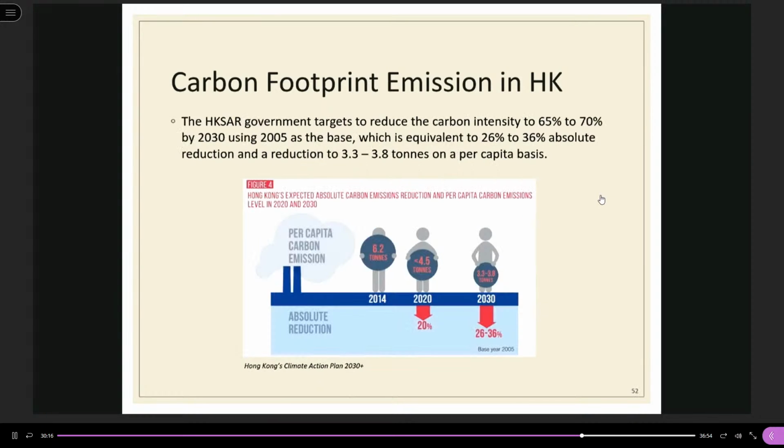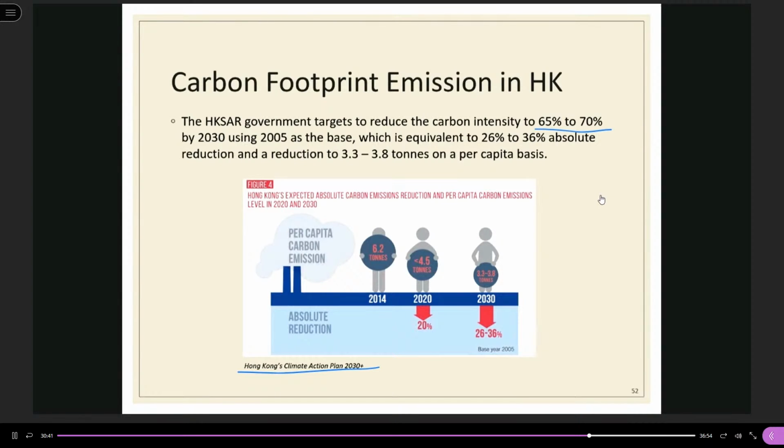The Hong Kong government targets to reduce the carbon intensity by 60% to 70% by the year 2030, using 2005 as the base. This target refers to the publication Hong Kong's Climate Action Plan 2030 Plus.